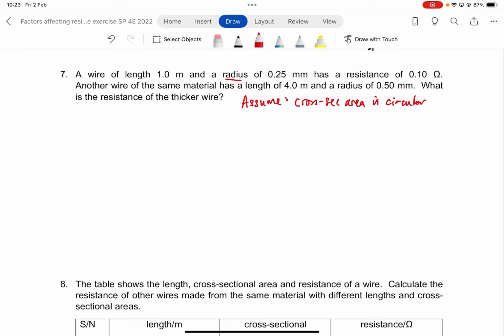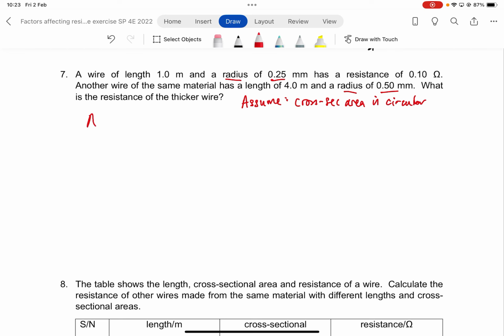The first radius is 0.25, and the second wire's radius is 0.5. That means the radius is 2 times. We need to know the relationship between radius and area in order to do this question.